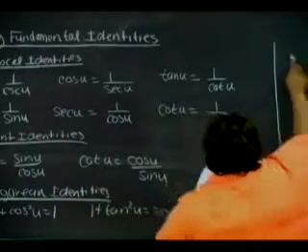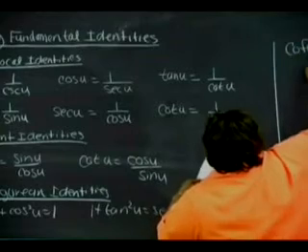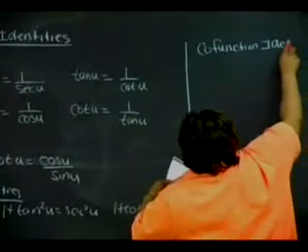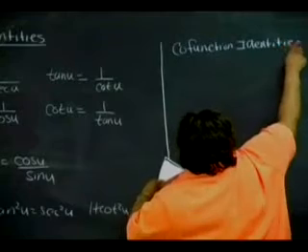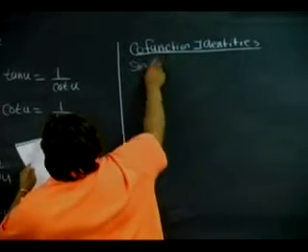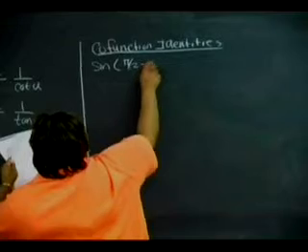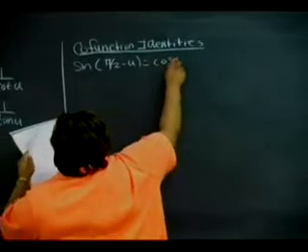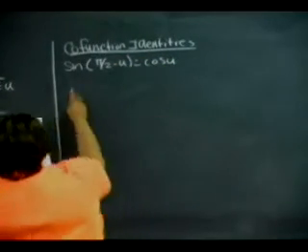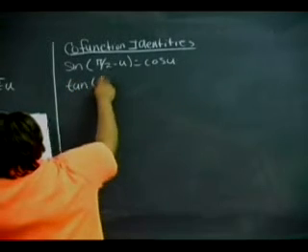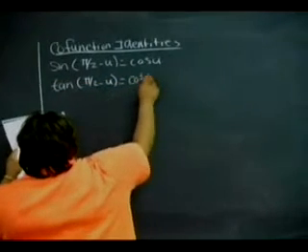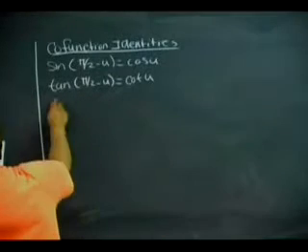The cofunction identities. Sine of pi over 2 minus u is cosine u. Tangent of pi over 2 minus u, remember pi over 2 is 90 degrees, is cotangent u.